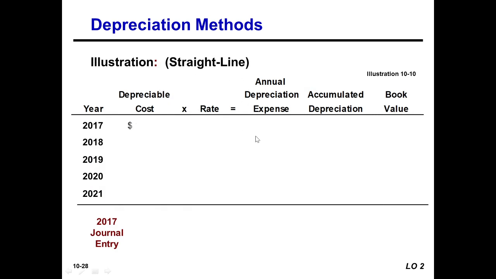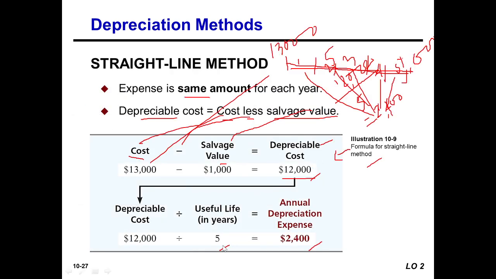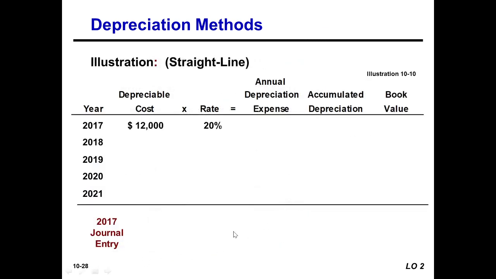Illustration, straight line. This is the depreciable cost 12,000 and rate 20%. How could we calculate this rate? Thus we can calculate 100 divided by 5 equals 20%, where 5 means 5 years.